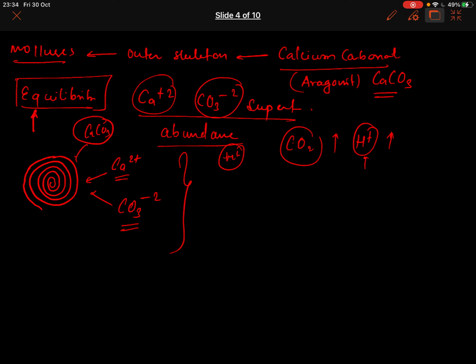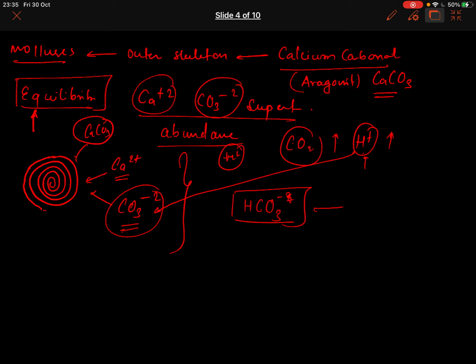you can notice one thing, that this H plus ions has an affinity to take away these carbonate ions. This H plus ions and carbonate ion combines and forms bicarbonate ion, right? So when this bicarbonate ion forms, the carbonate ion which otherwise would have been available for the mollusks has already been taken away. Now tell me, in this condition, this particular mollusk would have one less carbonate ion to form its shell, right?